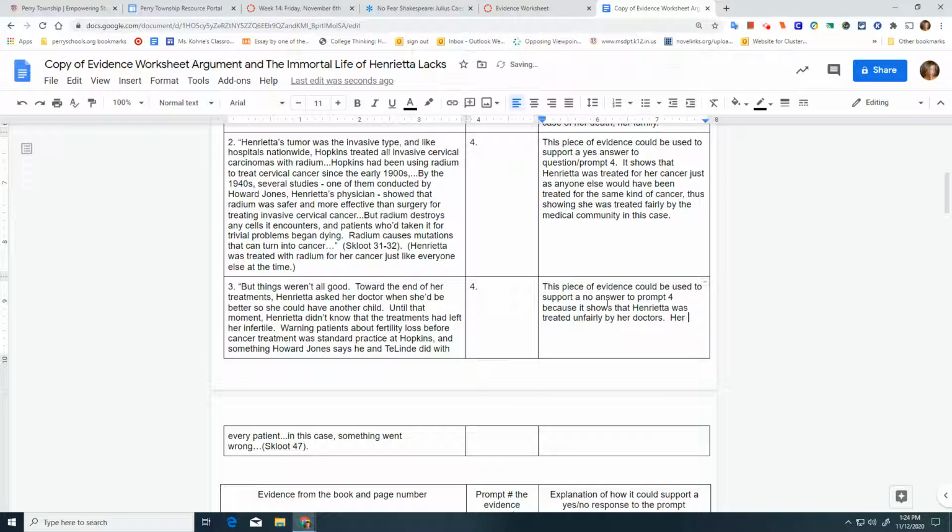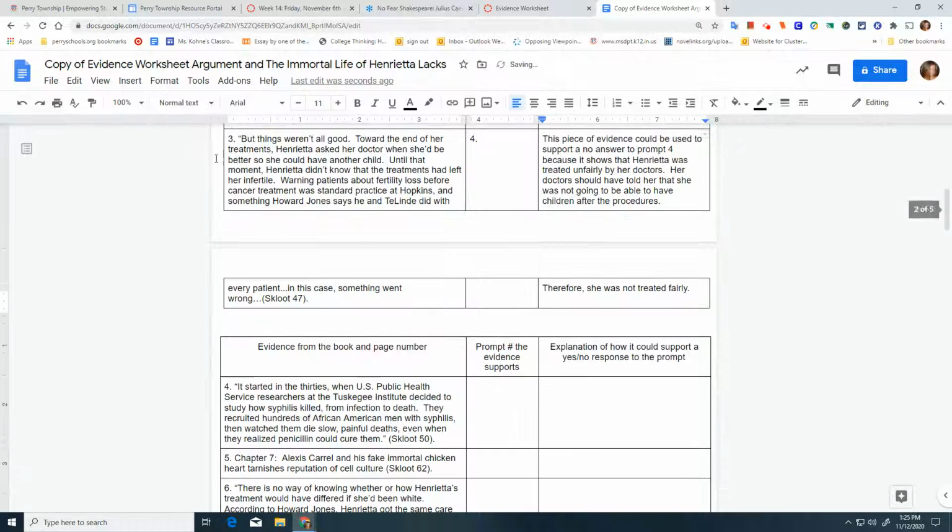Her doctors should have told her that she was not going to be able to have children after the procedures. Therefore, she was not treated fairly.